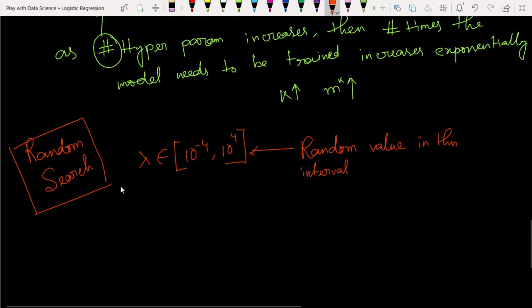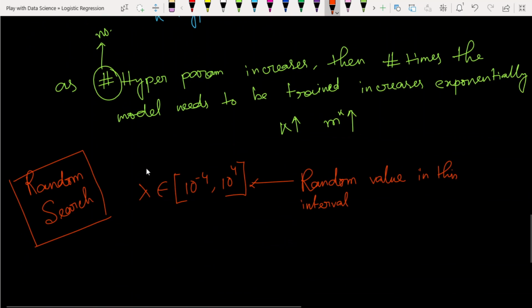If we train our model to search for a hyperparameter, you can see that compared to the grid search technique, the random search technique is better.